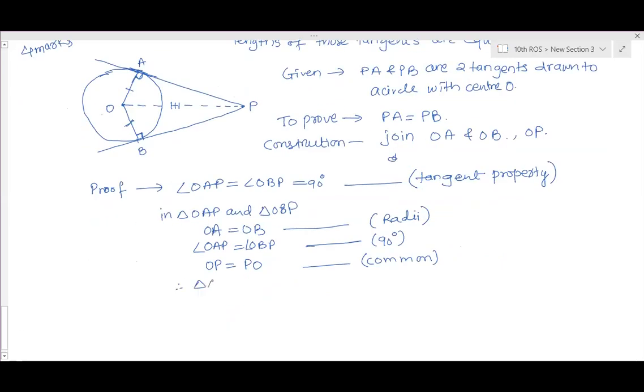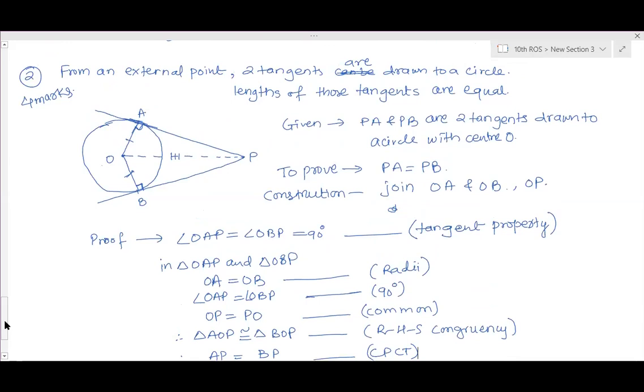Therefore, triangle AOP is congruent to triangle BOP by RHS congruency. And therefore AP is equal to BP by CPCT. Clear? Yes, ma'am. That's it, the proving.